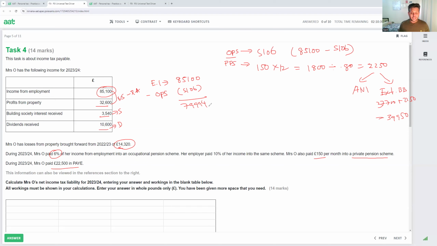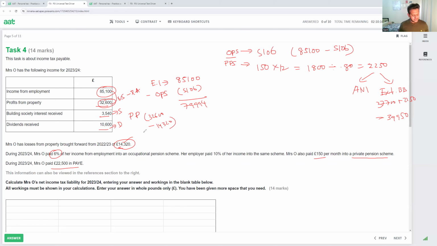All right. Then the next thing we need to find is our property profit, because we have a profit and we have some loss, so we need to find the net profit. So 32,600 minus the loss of 14,320.